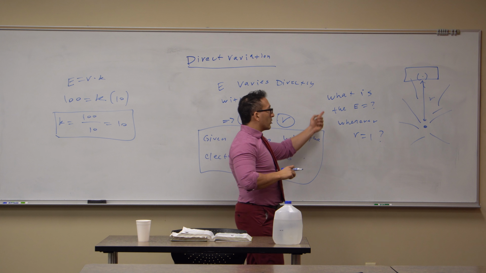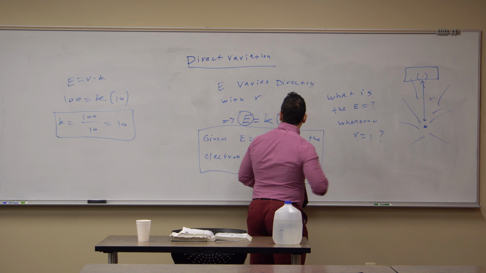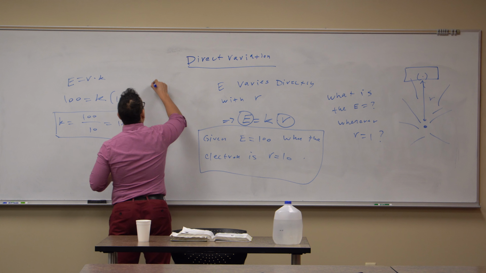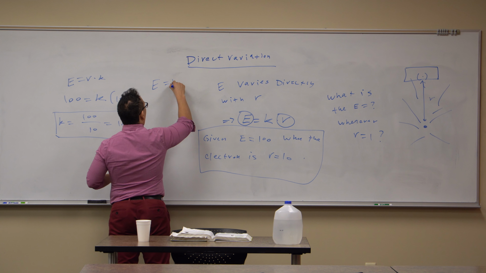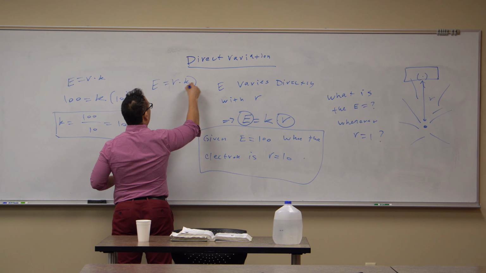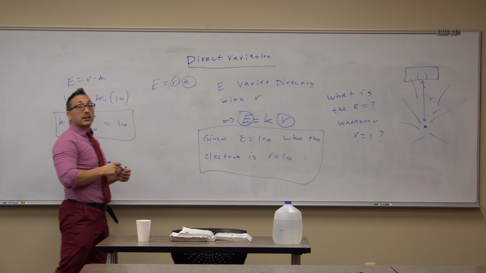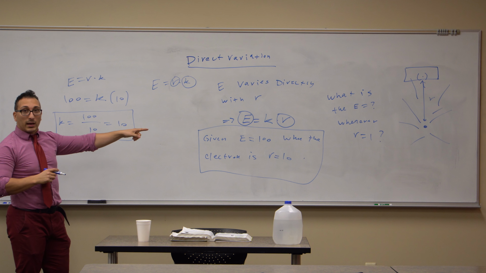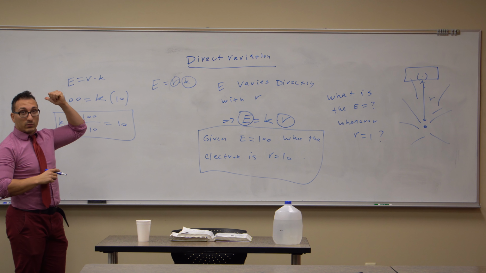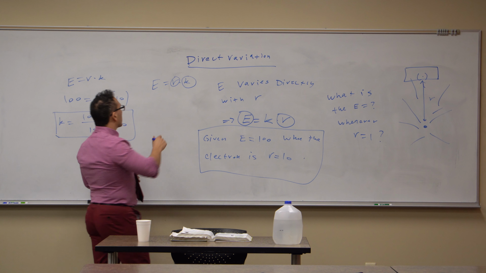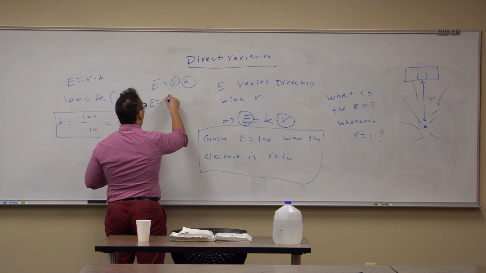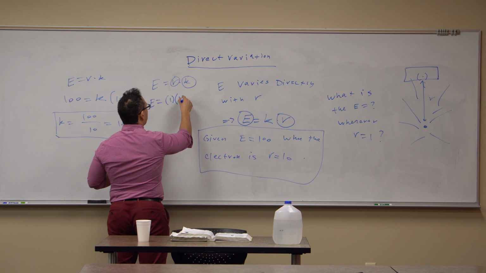Now I want to know what E is when R is equal to 1. Well, again, E is equal to R times K, and I know K now, and I know R, and I hope to find E. I know R is 1 now, and I've algebraically solved for K, which is 10. So E would be equal to R, which is 1, times K, which is 10.